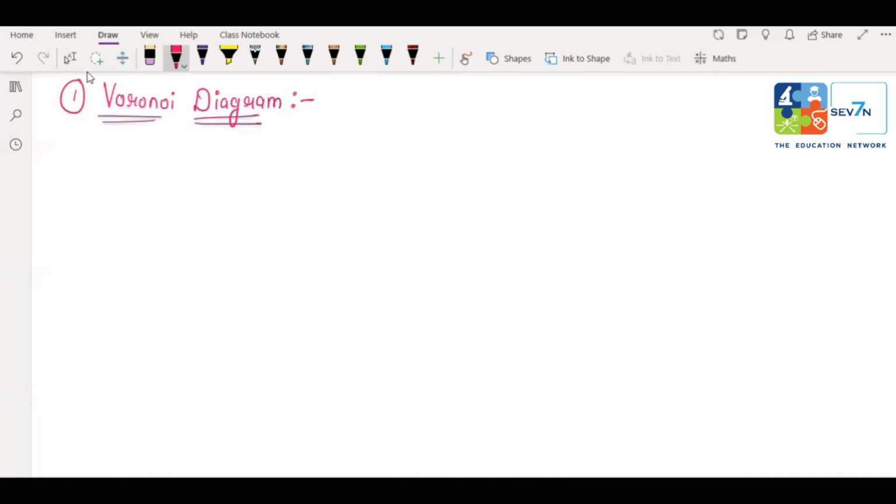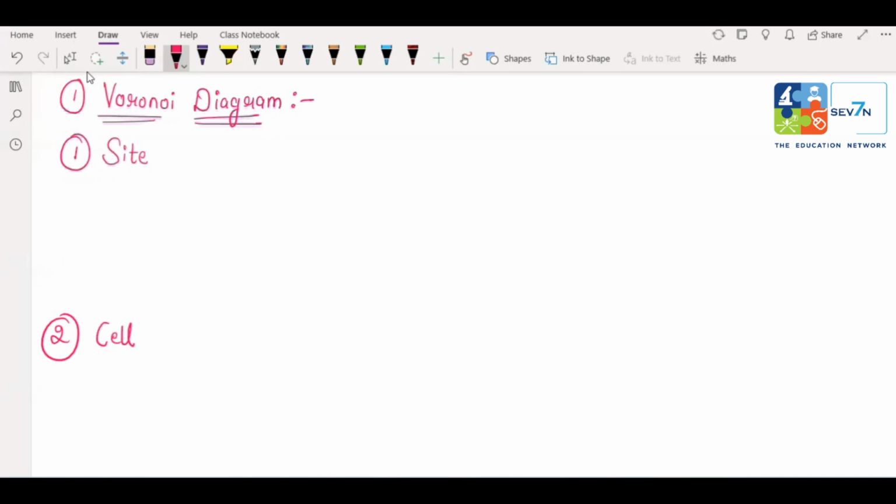Voronoi diagram means what? Before proceeding further with the definition, the Voronoi diagram includes many important key features. The first key feature is known as site, the second is cell, the third is edges, and the fourth is vertices.